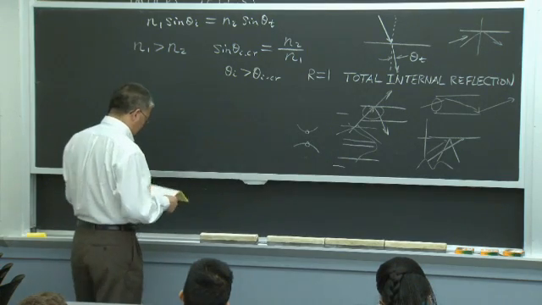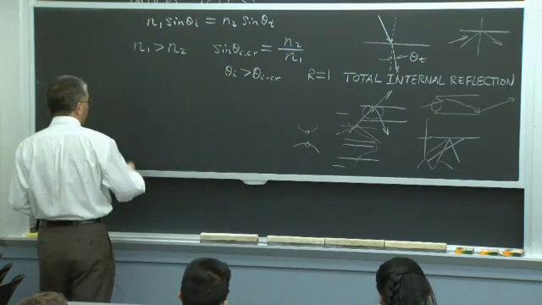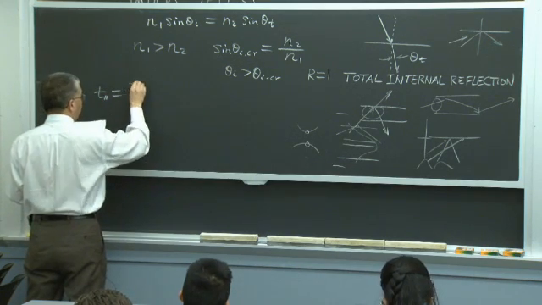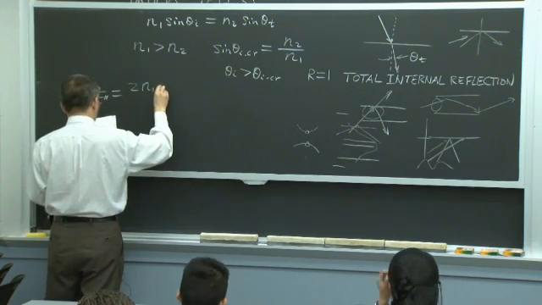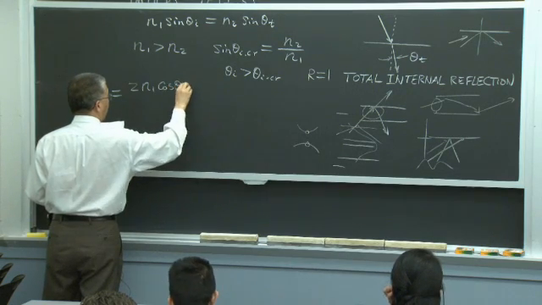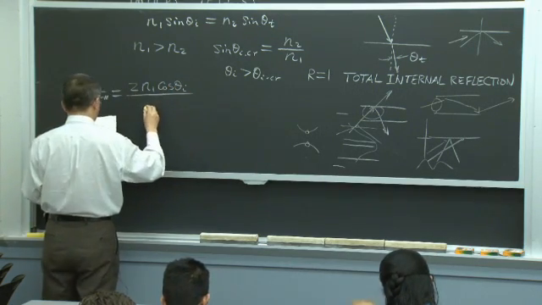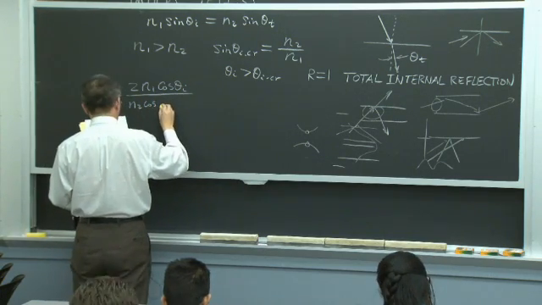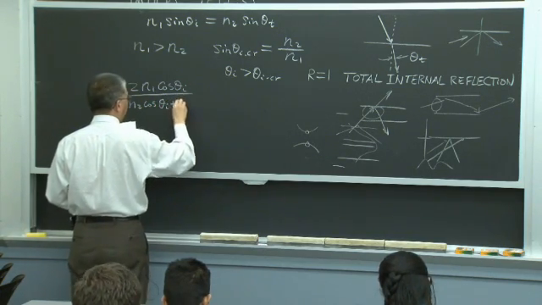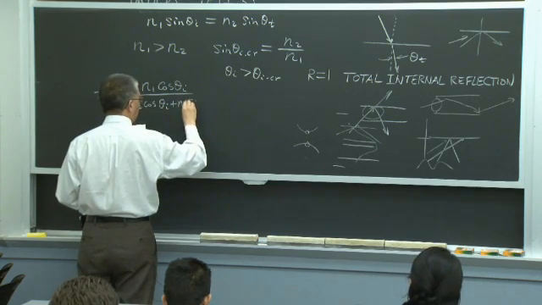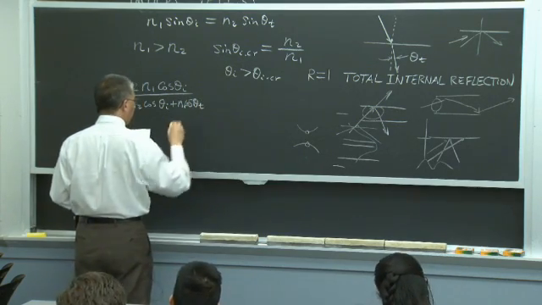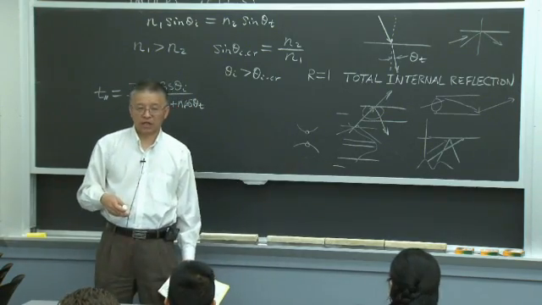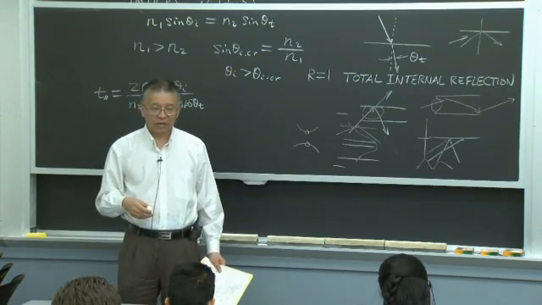In fact, you can check the transmission coefficient we derived: 2 n1 cosine theta_i over n2 cosine theta_i plus n1 cosine theta_t.